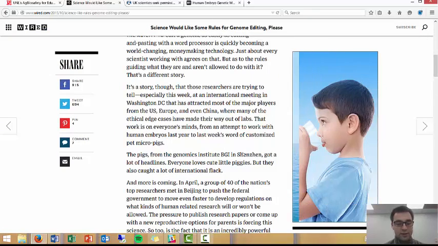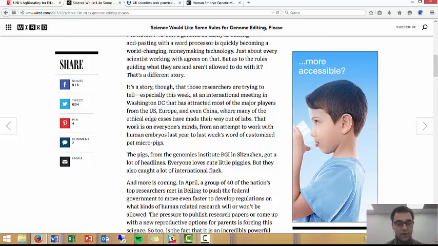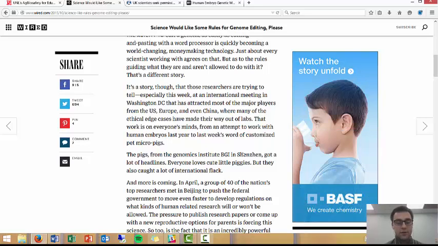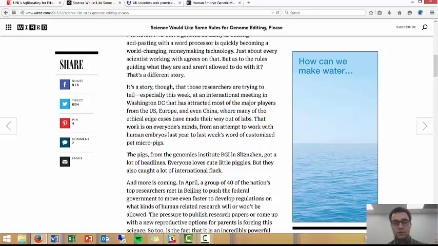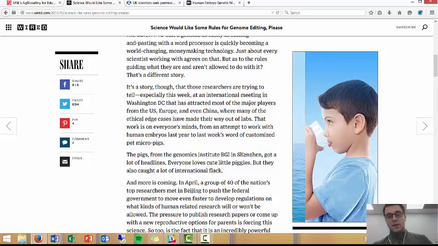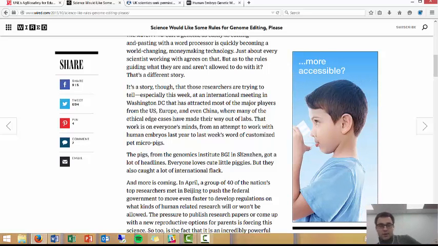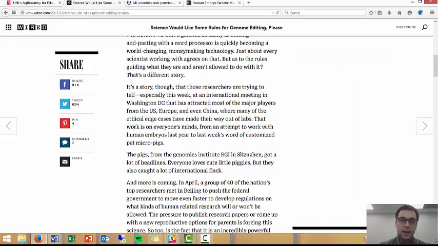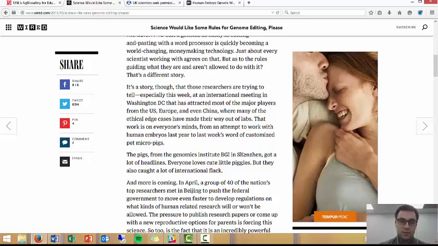Essentially, this article is talking about the genetic modification of pigs, and now we're starting to transition away from plant specific genetic modification, moving towards animals. Now, as many of you know, when we do scientific experiments, and by we I mean humans, we start with something that has no feelings, such as a plant.